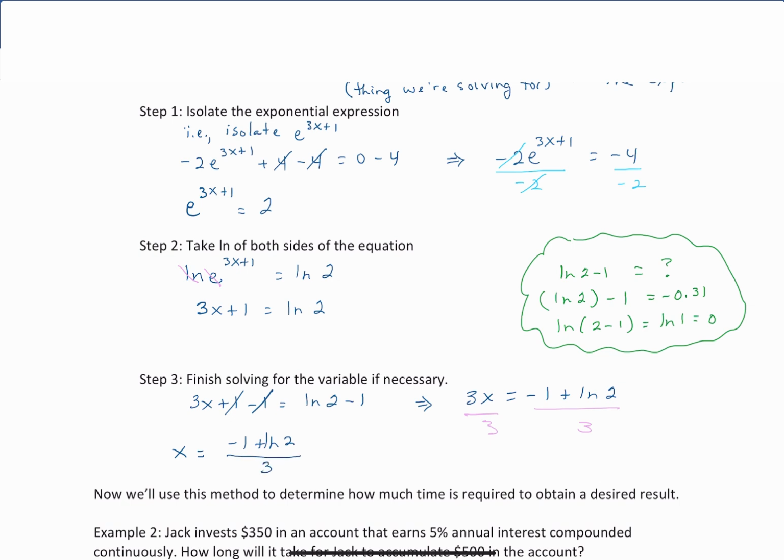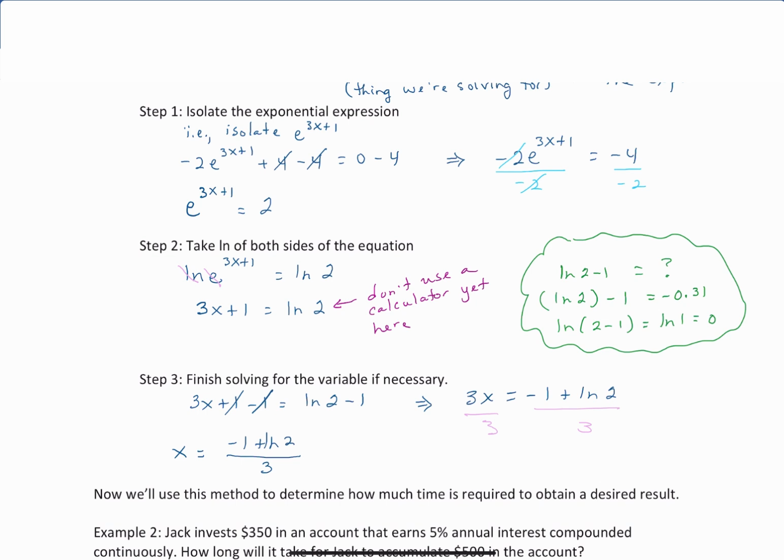Now is the point at which you want to use your calculator to compute the answer. Don't use a calculator up at this step yet. The reason for that is as soon as you pull out a calculator, you're going to get a super long answer with tons of decimals. You're inevitably going to round that off, and that can make your final answer less accurate. The best thing to do is, if possible, wait until the very end to use a calculator.